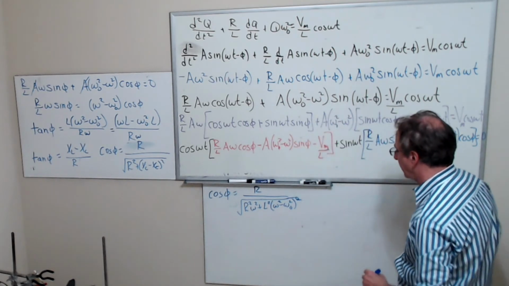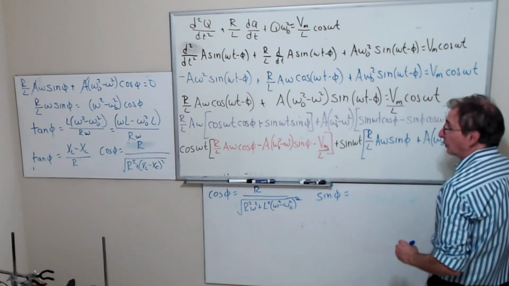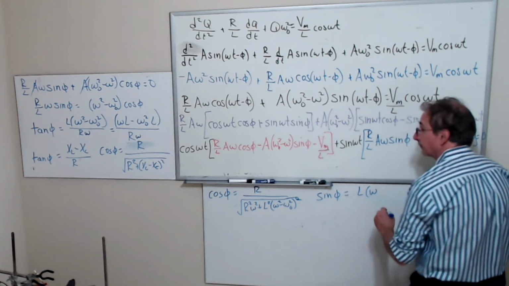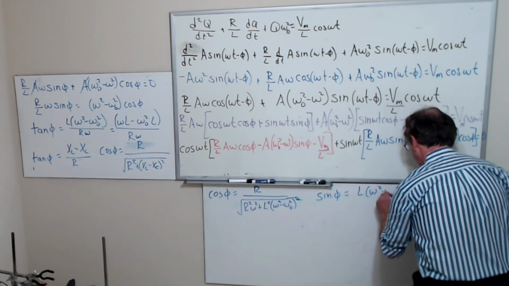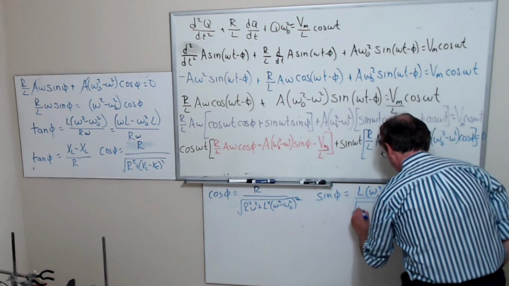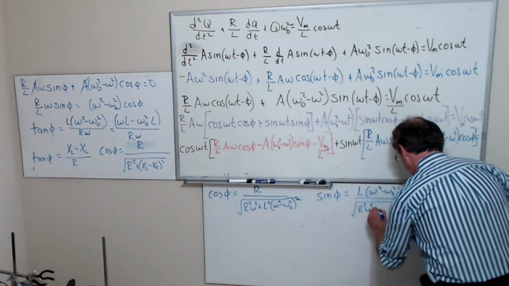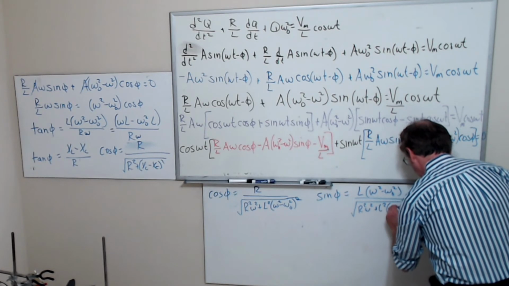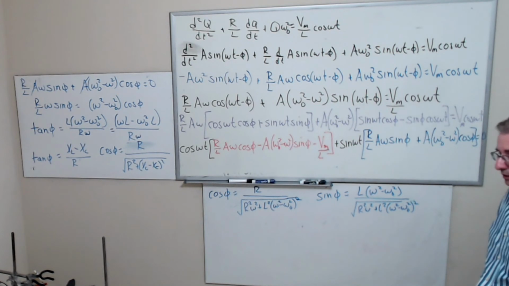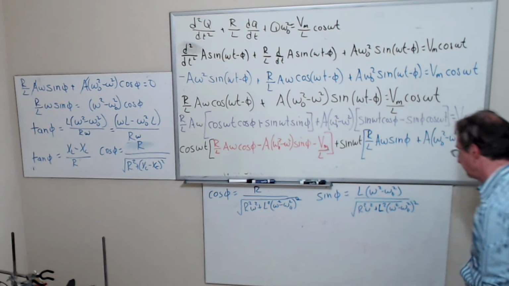So that's cosine of phi, and so sine of phi can be written like that. Okay, where this is an L.